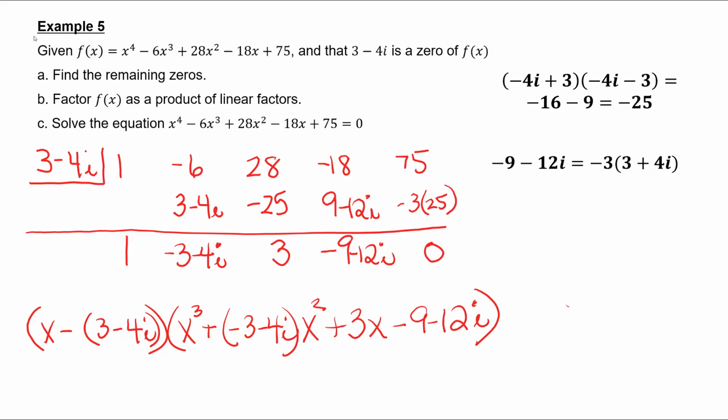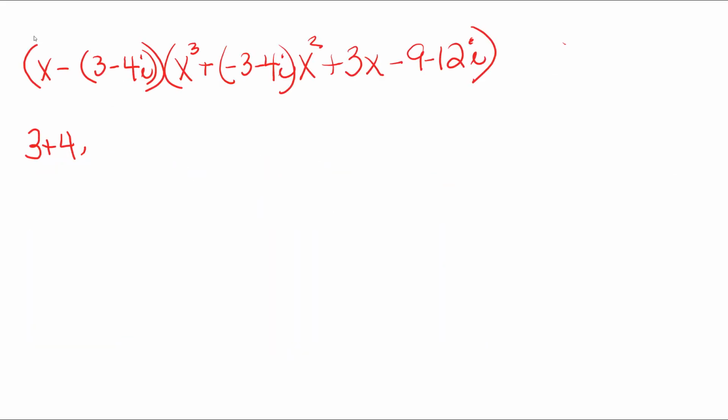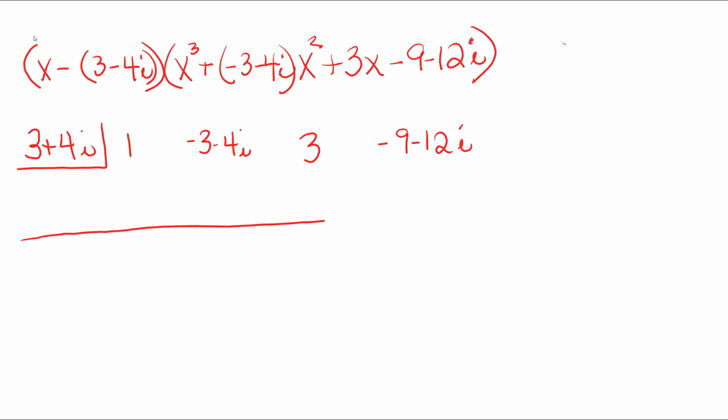We already know that 3 plus 4i is going to be a 0 of that, because we know that 3 minus 4i was a 0 of the original function, and so its conjugate also has to be a 0. And so we will use synthetic division again, but this time just on the cubic polynomial, and we'll use 3 plus 4i this time. So we're going to divide 3 plus 4i into the function we have now, which is 1x cubed, negative 3 minus 4i x squared, 3x minus 9 minus 12i.